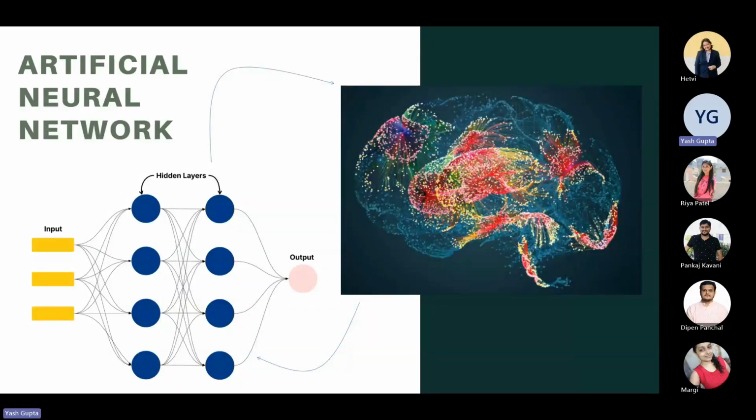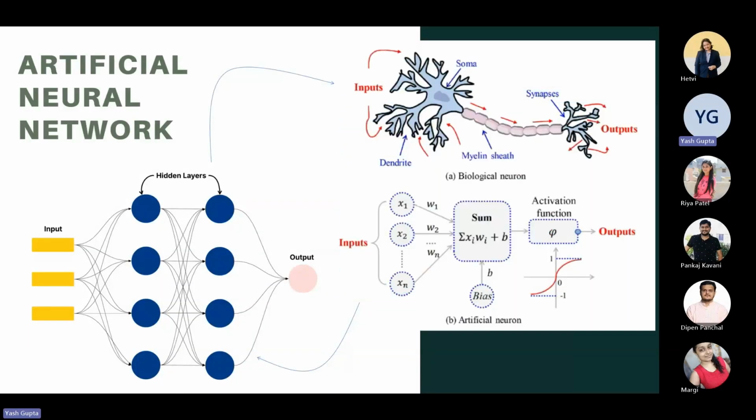For better understanding, in mathematical computation, we can see here our neural representation of the biological one. These are your inputs, x1, x2. Now, people might ask, we have words, but the computer can't understand them. So we convert them into vectors, a numerical format, or we can say array format.